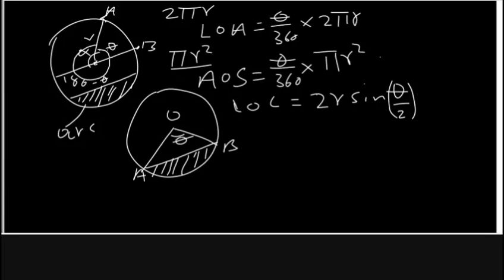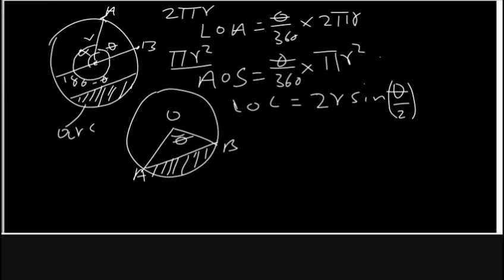The triangle is between the radii and the chord, while the sector is between the radii and the arc AB. So for us to get the area of the segment, that is the area of the shaded part, we simply need to get the area of the sector.